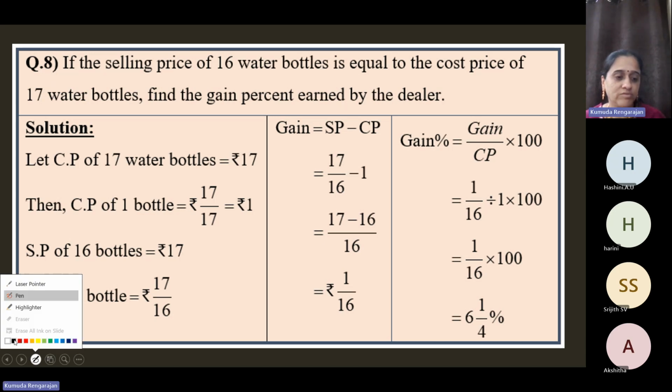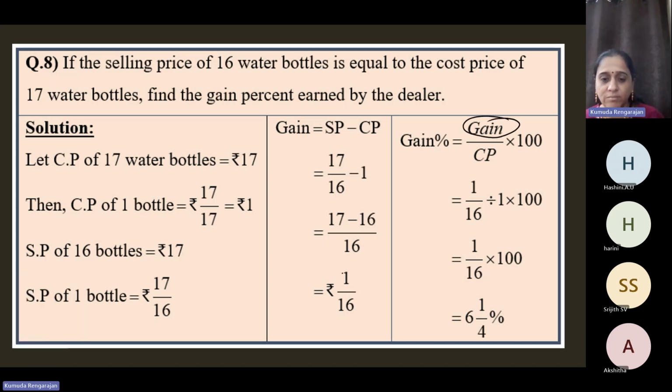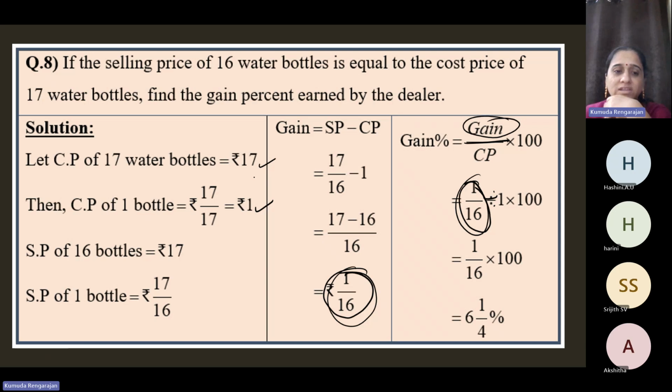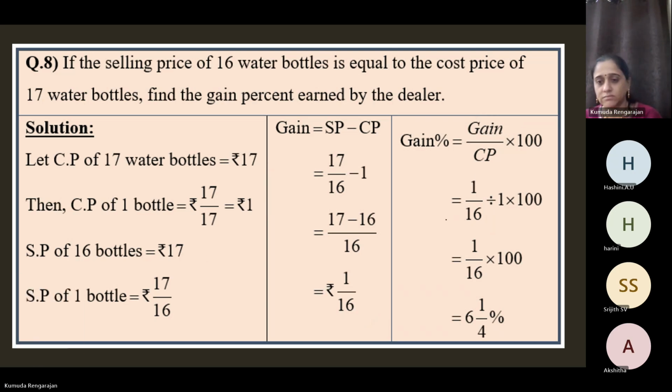So in this formula, when you substitute, gain is 1 by 16 divided by CP. We have a doubt which CP to write, 1 rupee or 17 rupees. So go back to 1 by 16. It's a gain on selling one water bottle, so you should write the CP of one water bottle into 100. So divided by 1, you can just take it away, right? Reciprocal will become into 1, so you can remove that.